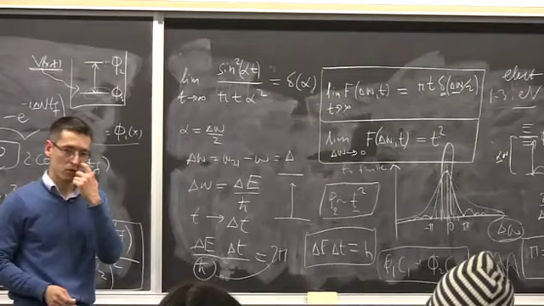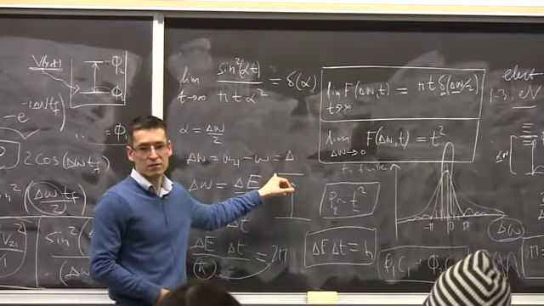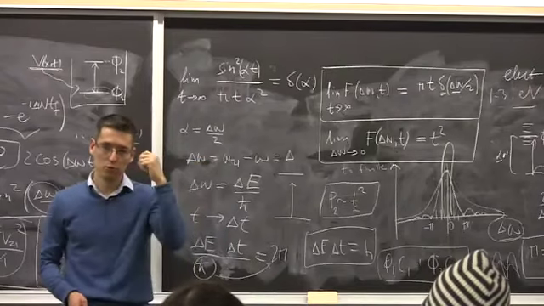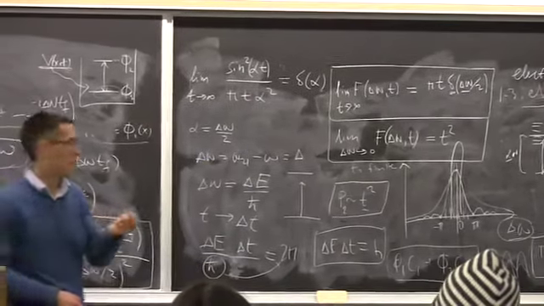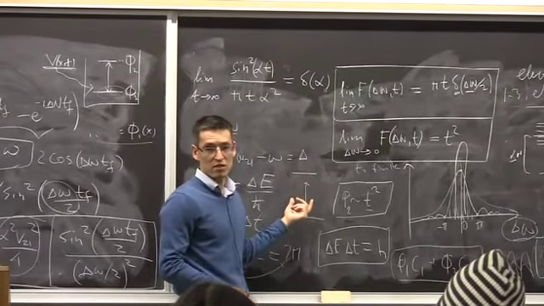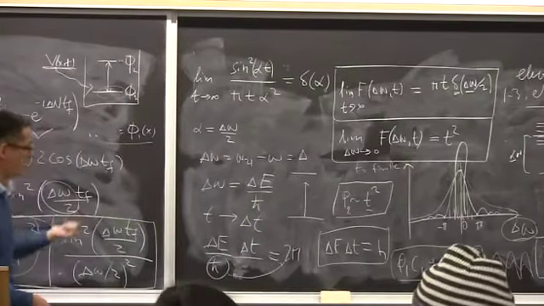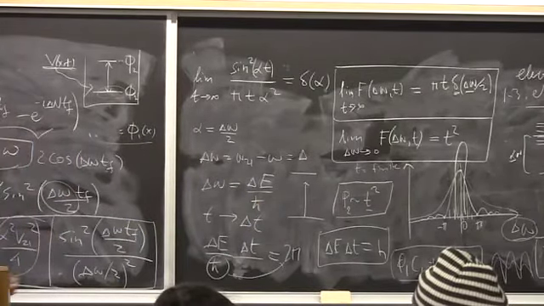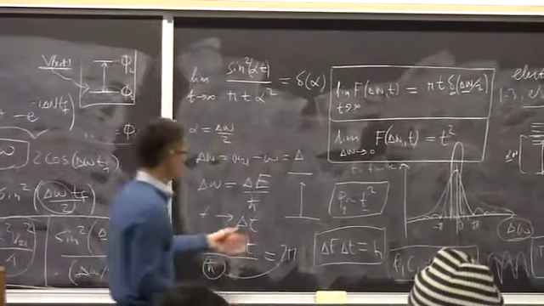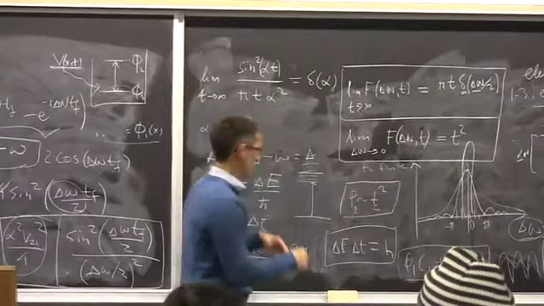The question now, will you populate this level or not? It turns out if you do a short enough pulse, you can populate this level even though it's not in resonance, using this condition, that at short time you potentially populate many more levels than at longer time.